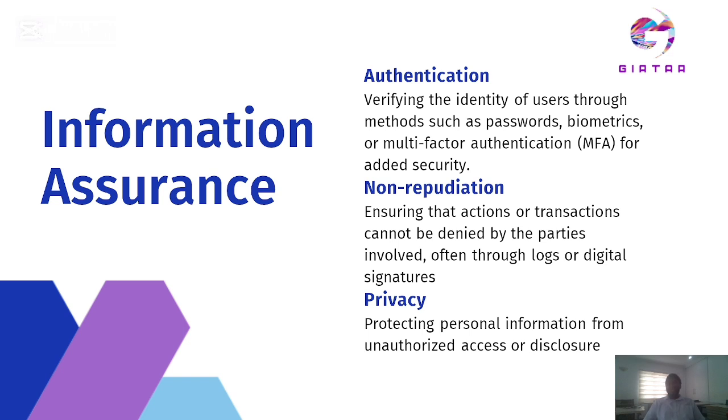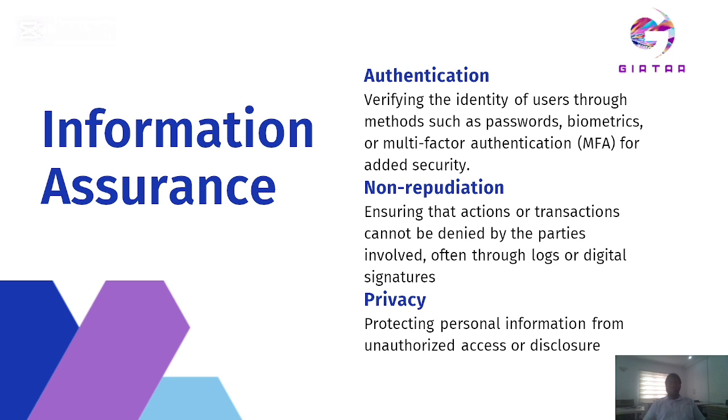Now, privacy, on the other hand, is looking at protecting personal information from unauthorized access or disclosure. Now, privacy is what you have and you're trying to secure, and nobody's able to get it. Simple and short. Now, privacy and authentication are examples of confidentiality because what is it doing? It is preventing unauthorized users from accessing private documents or private data or private information.